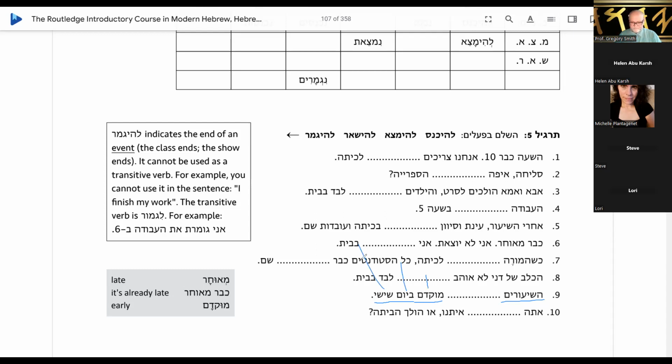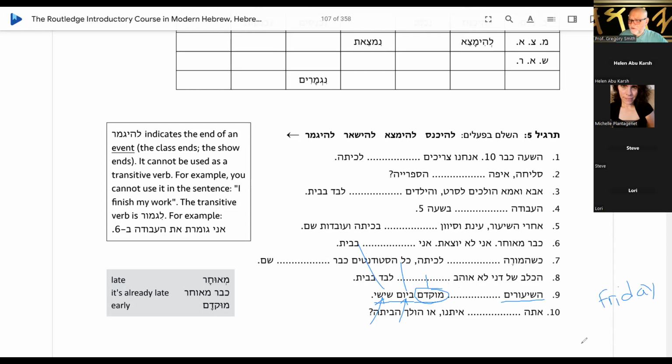Let's take a look at that. Mukdam bayom shishi. Okay, so this is early. Mukdam means early. Bayom, in the day, and shishi is day 6. So that would be like Friday.